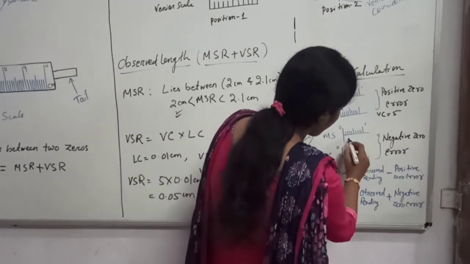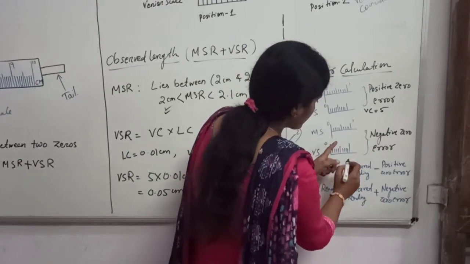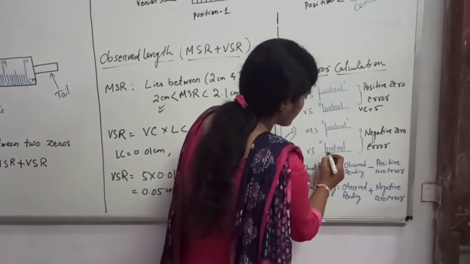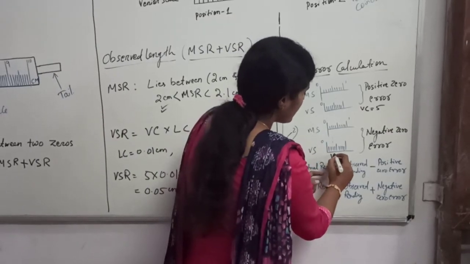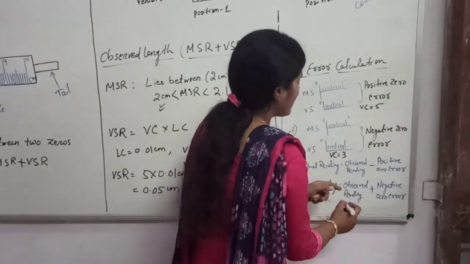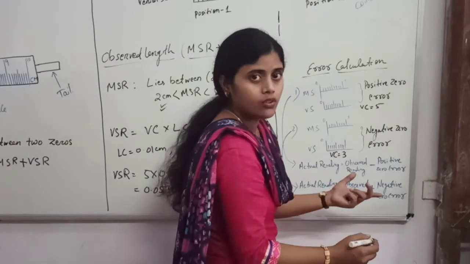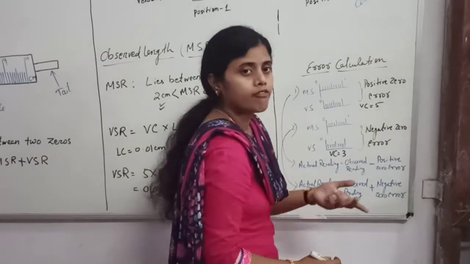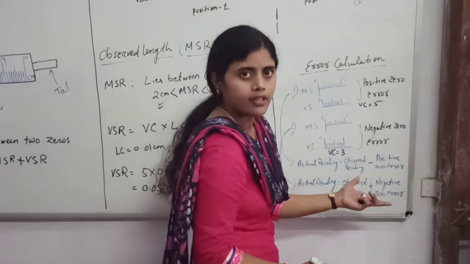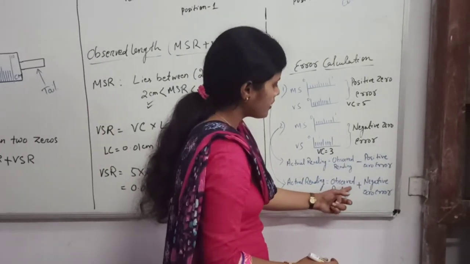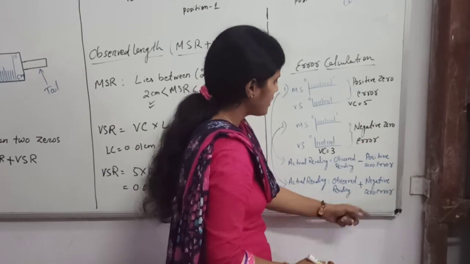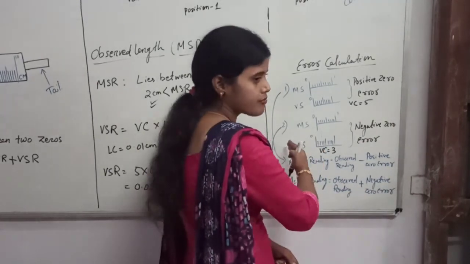Suppose, for example, the third line is coinciding, so you count 1, 2, 3, ignoring the zero line. So here VC is 3. Then you multiply this 3 with the least count and you will find the value of the negative zero error. After finding this value, the actual reading will be the observed length plus the negative error. Why plus? Because this is on the left side.